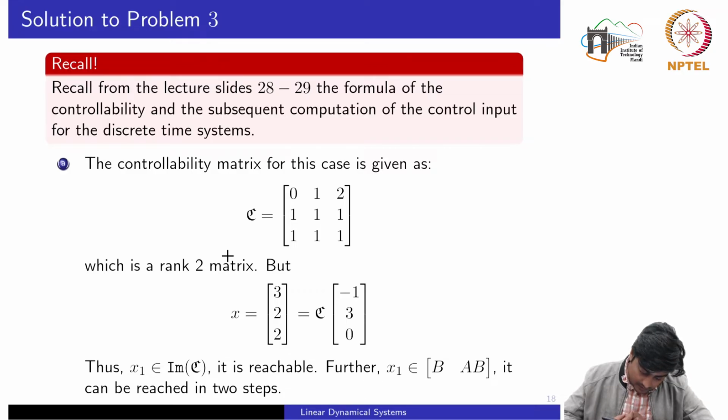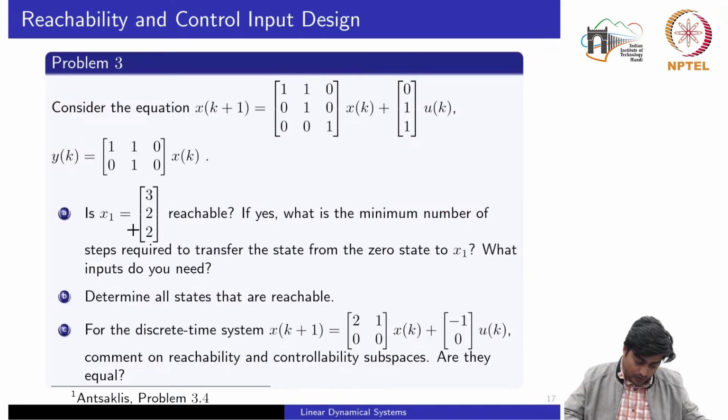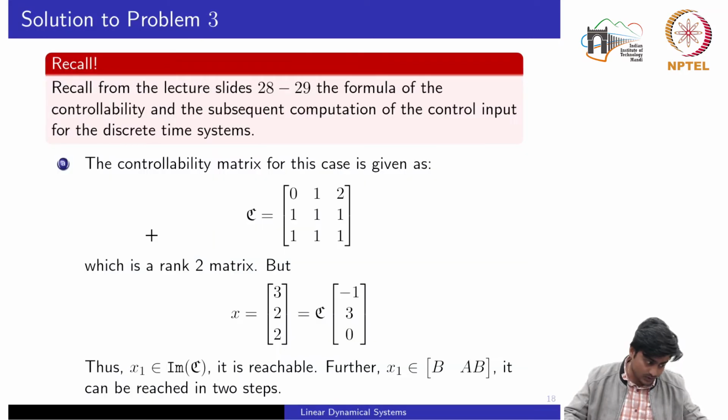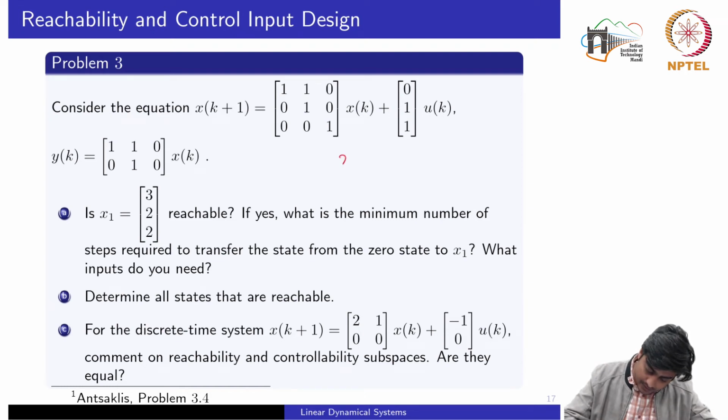Now, if we want to test whether this state at t is equal to t1 is reachable, it means that this x1 should belong to the image of this controllability matrix, and that there should be some eta vector such that this equation is satisfied.